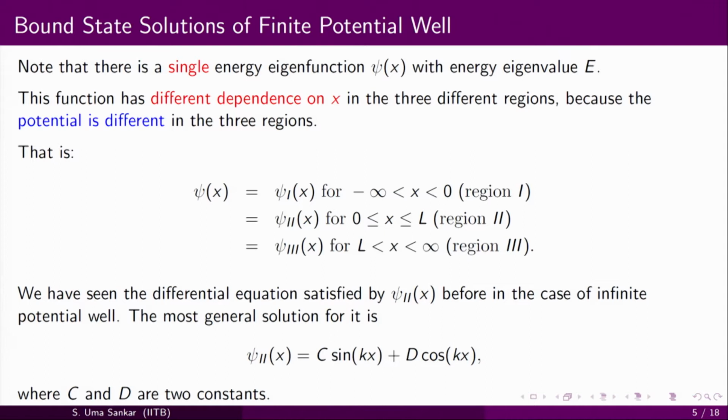In the case of infinite potential well, we argued that the cos kx term shouldn't be there based on boundary conditions, but here the boundary conditions are different. So, we can't make the same argument as the infinite potential well, we have to keep both terms, both sin of kx as well as cos of kx.